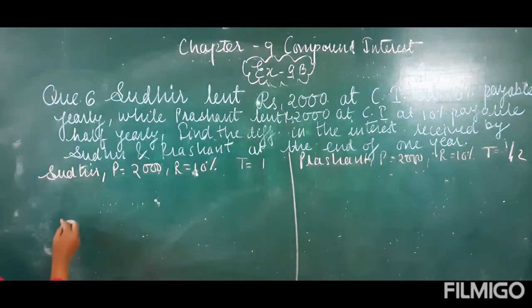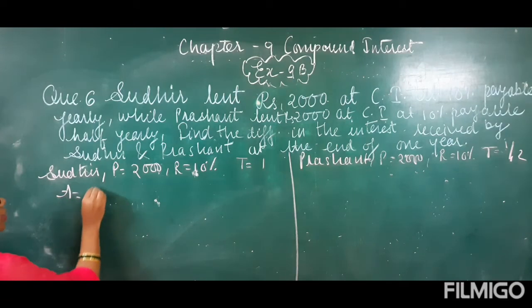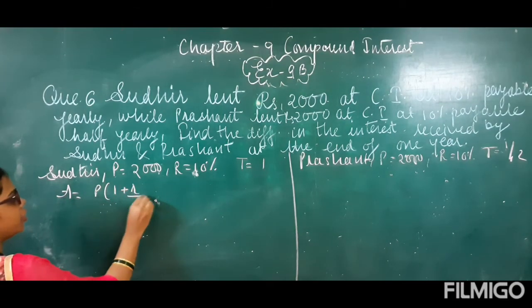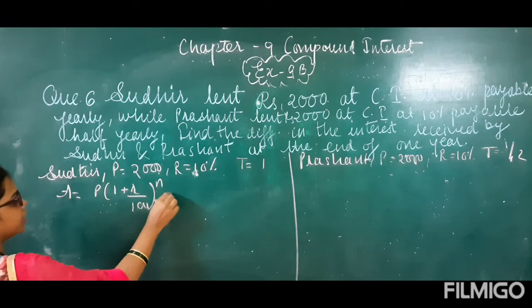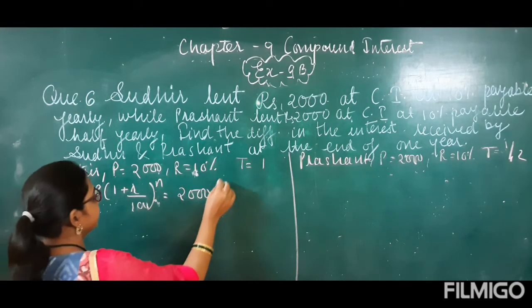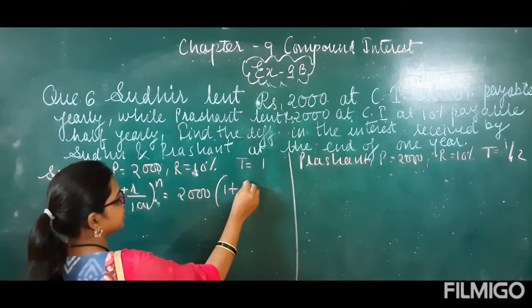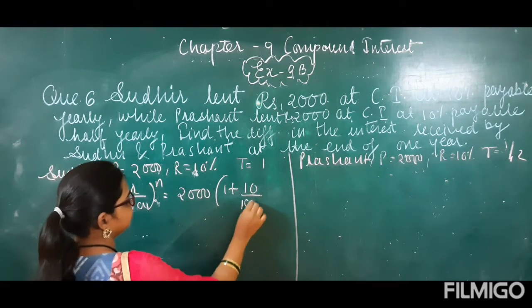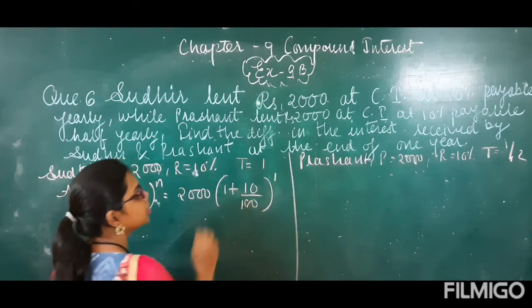So let's start. Here amount is equal to principal into 1 plus r upon 100 to the power n. So your principal is 2,000 rupees into 1 plus r, it is 10 upon 100 to the power 1.